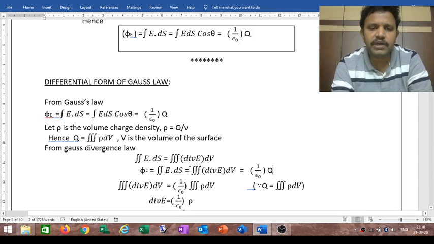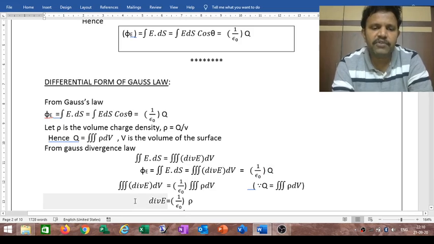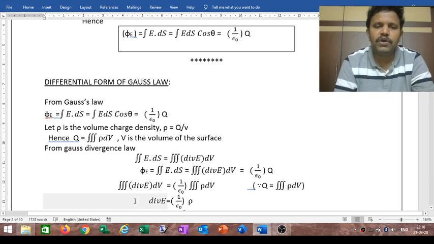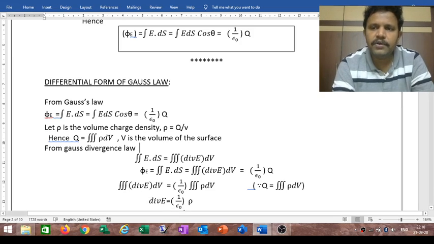Taking the last two terms, we write the volume integral over v of div E dv is equal to 1 by epsilon naught volume integral over v of rho dv. Cancelling integral terms, we get div E is equal to 1 by epsilon naught rho. Therefore, we can write div E as del dot E.